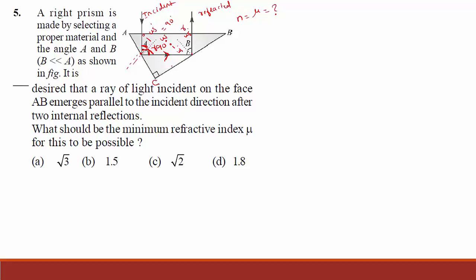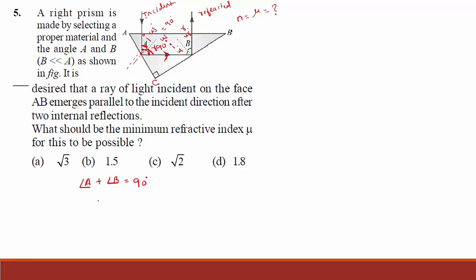Now we have to find the refractive index for this given prism. When a ray is incident on the face AC at an angle A, after TIR, it is incident on the face BC at the angle B. So we can write angle A plus angle B is equal to 90 degrees.